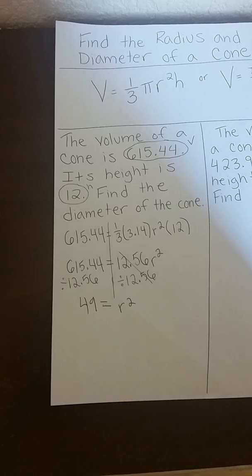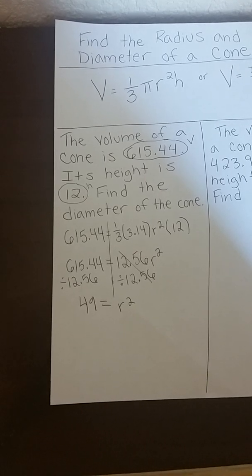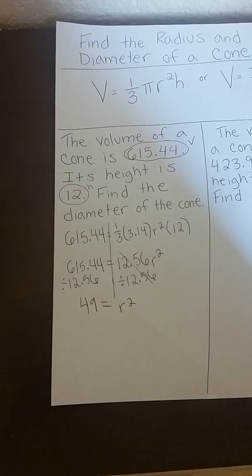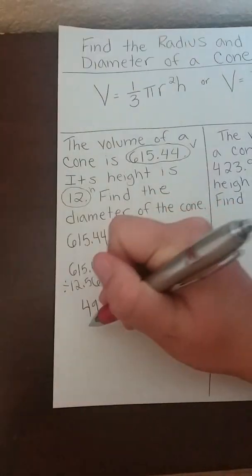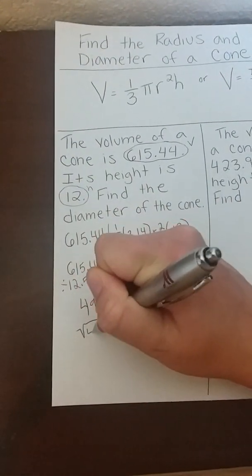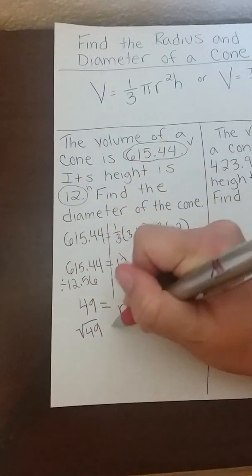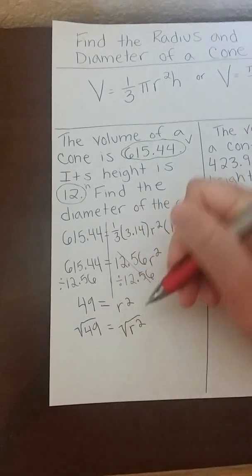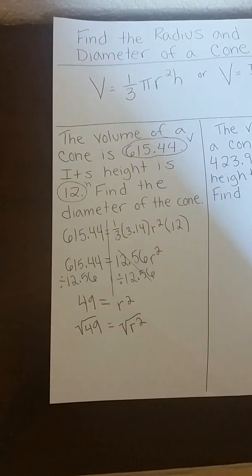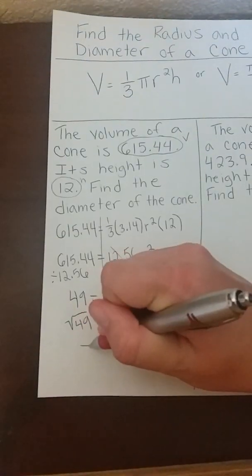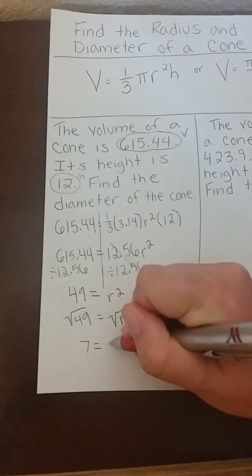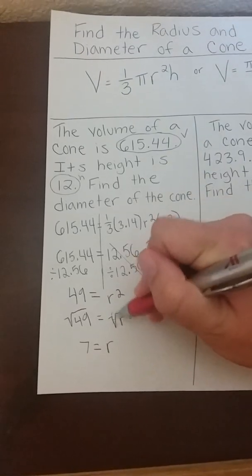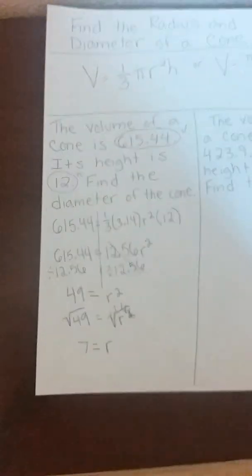Now, in order to get rid of squared, you need to do the opposite. And the opposite of squared is square root. So I'm going to square root both sides. I'm going to do the square root of 49 and then the square root of r squared. The square root of 49 is 7. And the square root of r squared is just r, because squared and square root cross off.